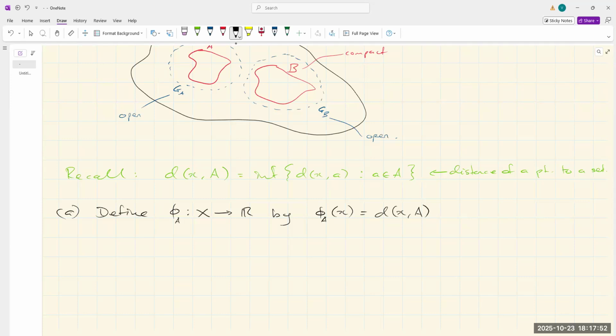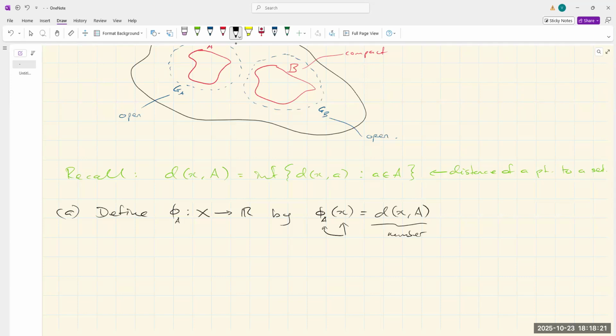Okay, so you can imagine you could vary the set A and you will get a different distance. So all this is doing, it's taking every point in the metric space as an input, and the output is a number, right? This is just a real number. And what is this number? It's measuring the distance from this point to this set.